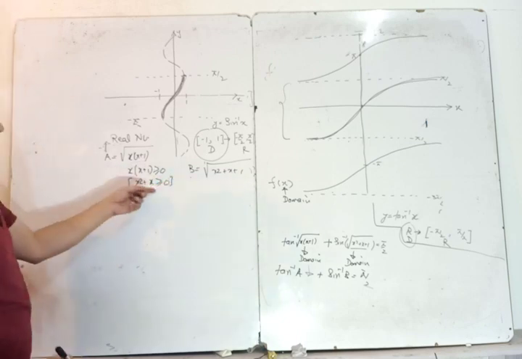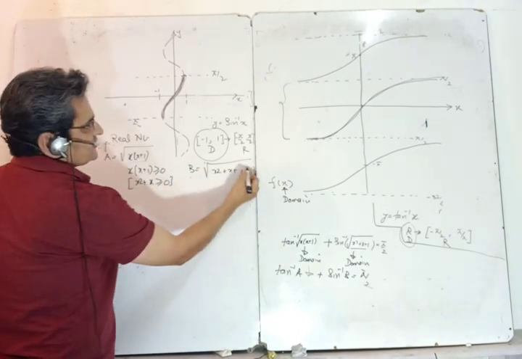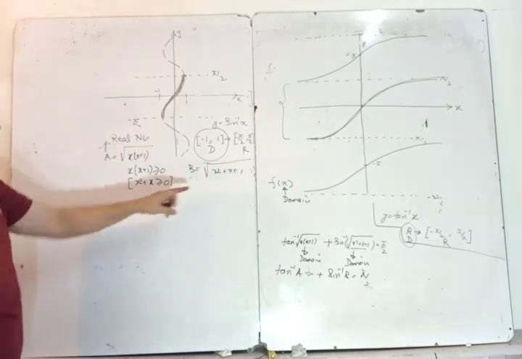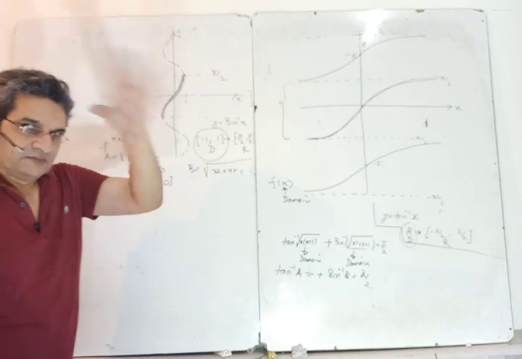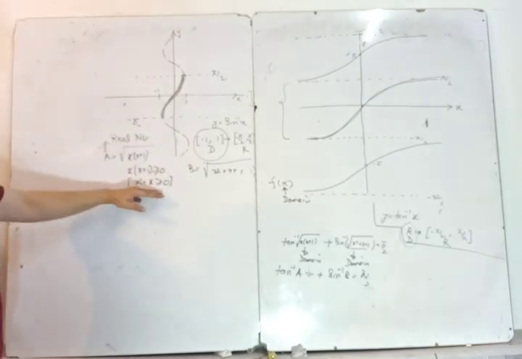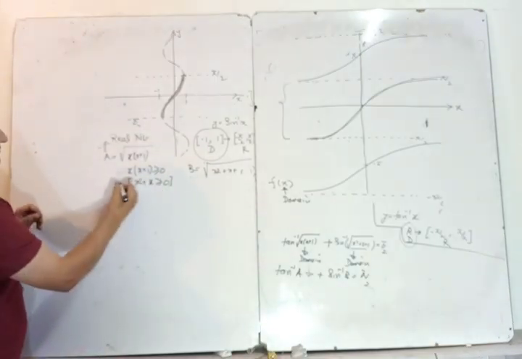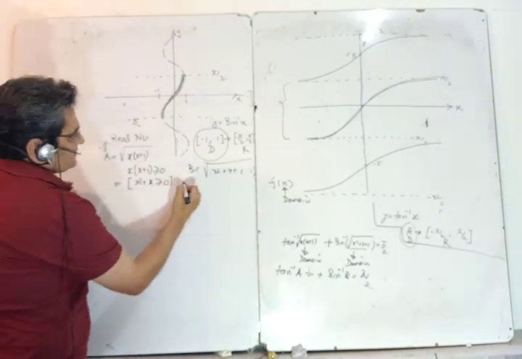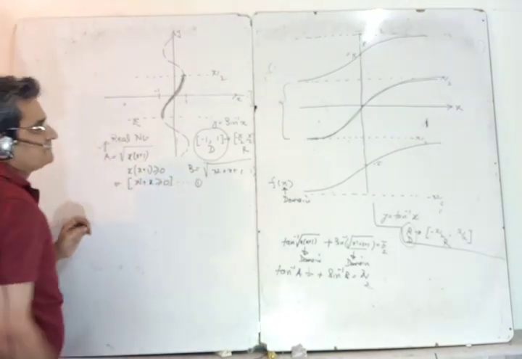When x square plus x is greater than or equal to 0, this is naturally greater than 0, because this is x square plus x plus 1. So x square plus x plus 1 will be greater than or equal to 0 if this condition is met. Now one condition we have obtained, let me put it as point number 1.